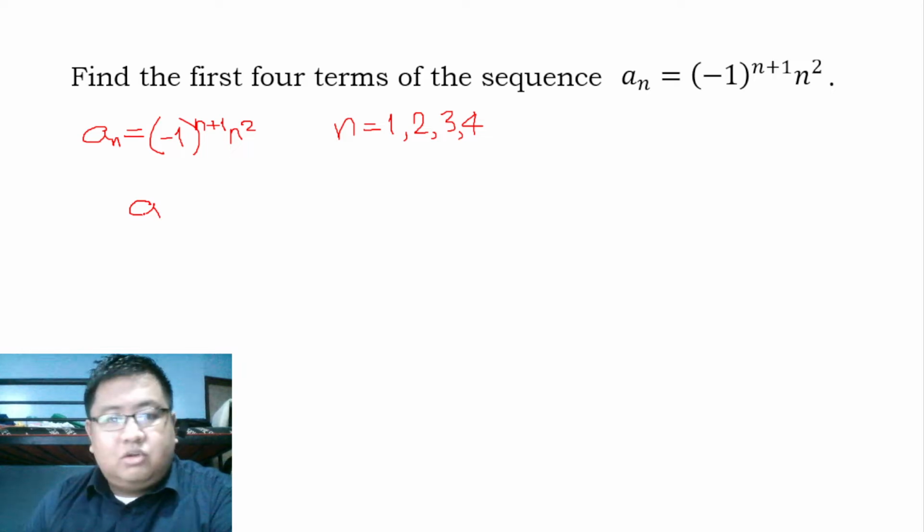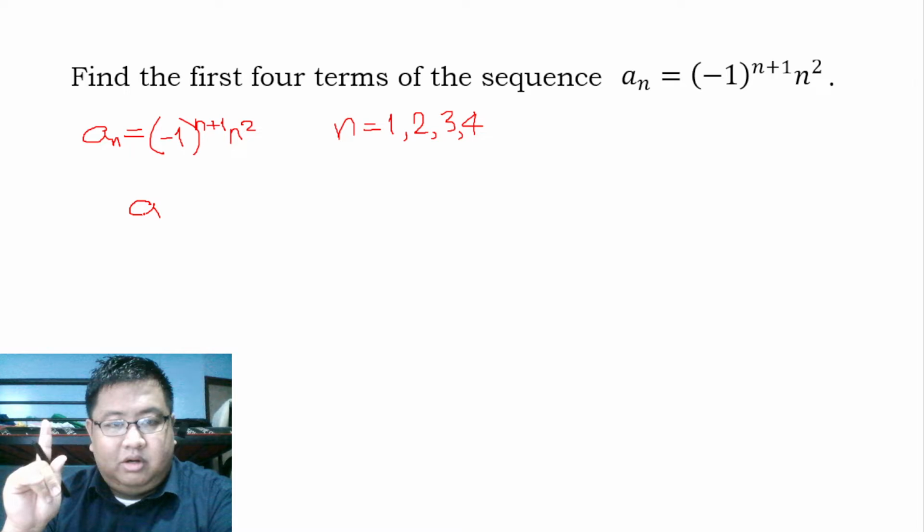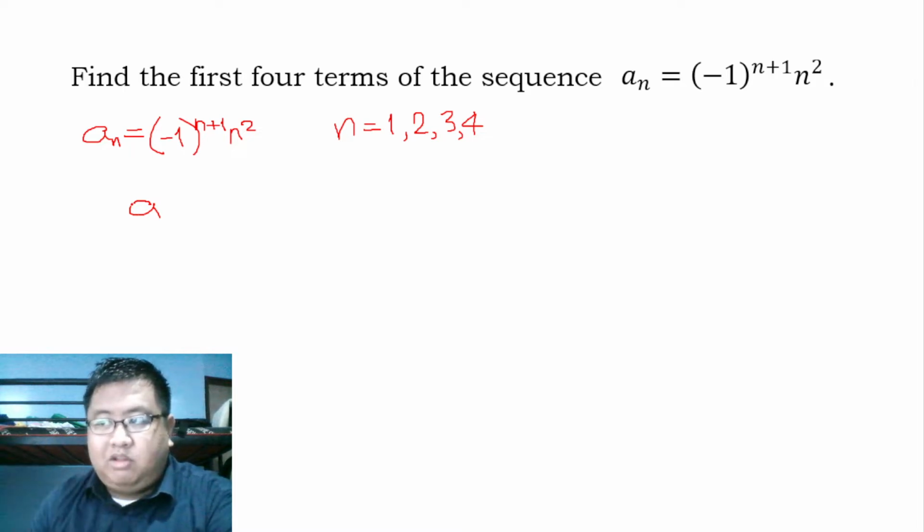When we do substitute, we replace the variables with the number. So we're beginning with n equals 1. So for n equals 1, we have a, the n will now be replaced by 1. A sub 1 is equal to, copy the -1 there. The n will still be replaced by 1.